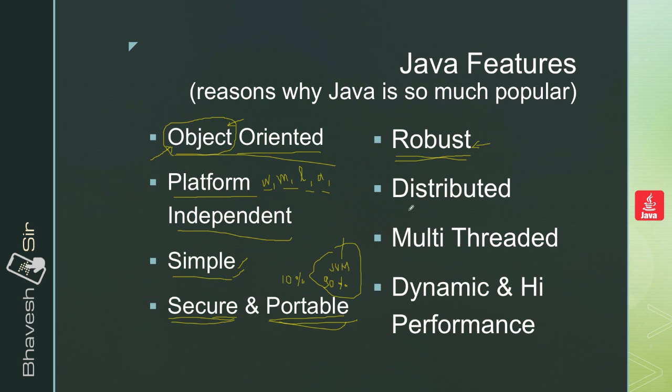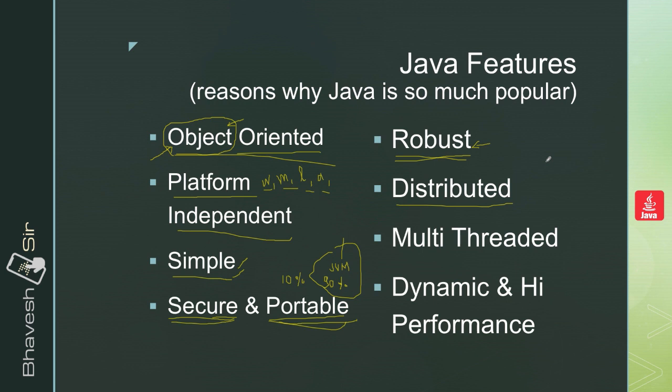The next thing is distributed. One more feature of the Java language is distributed, which means if we develop a website or a web application and put it on the server, then we can access it using a smartphone, a laptop, a desktop, and other devices.